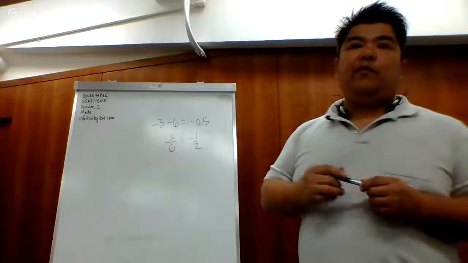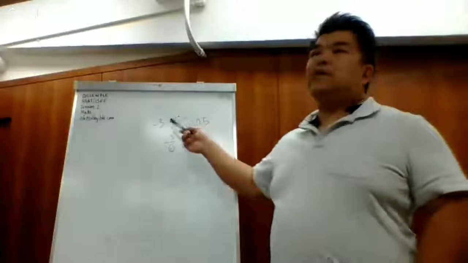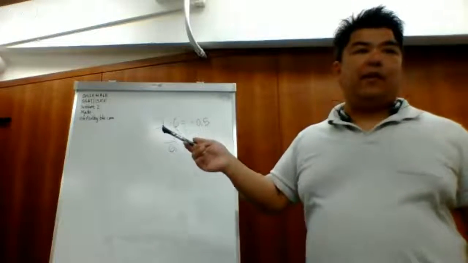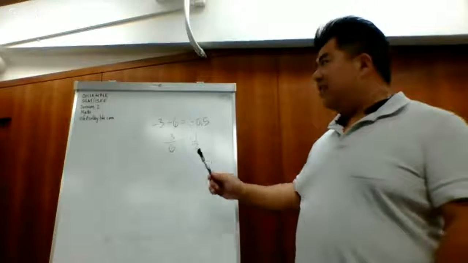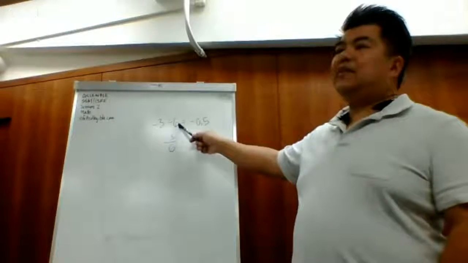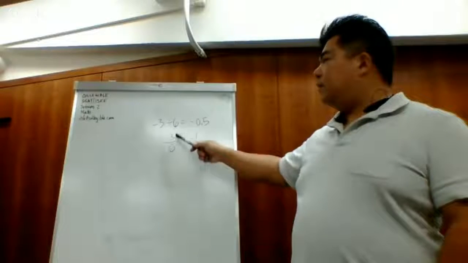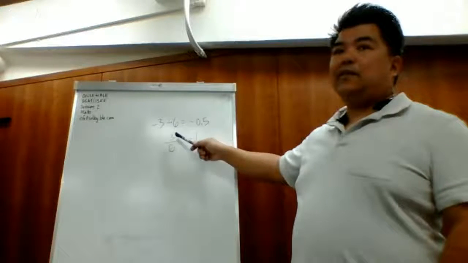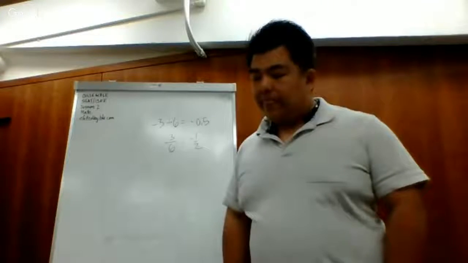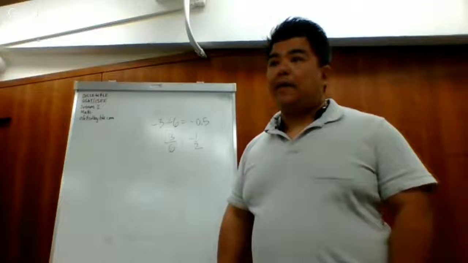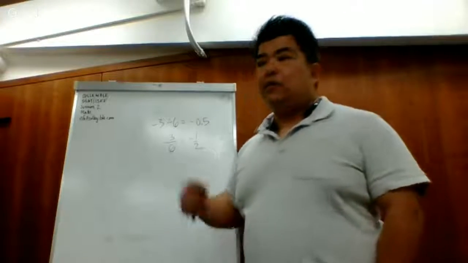A lot of people make the mistake of thinking 6 divided by negative 3, and they choose negative 2 as the answer. That's not right. This is the numerator, this is the denominator. Sometimes it helps to write it like this, negative 3 over 6, so you get negative 1/2. Everyone's good with that? Okay. You guys are all doing really well here.